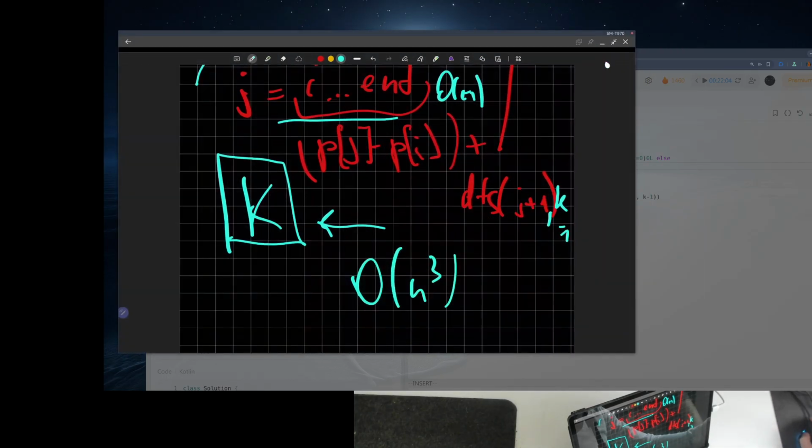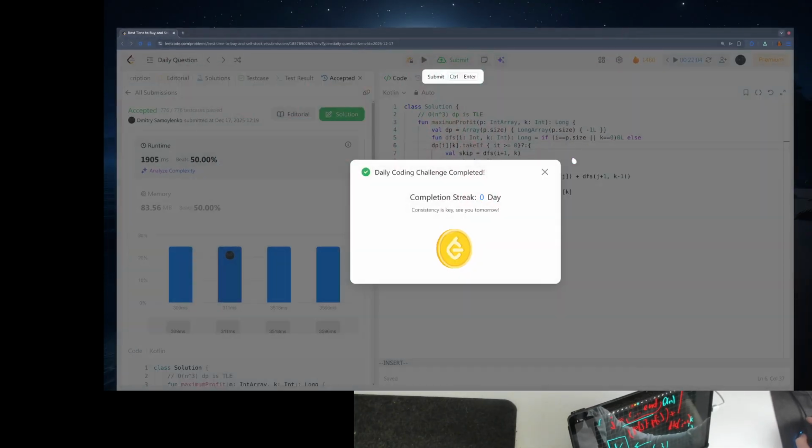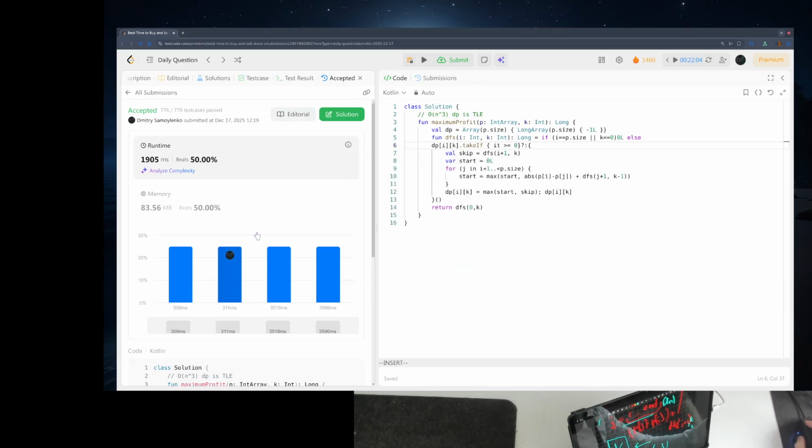Let's look at my solution. It was accepted, but it's not optimal. It is almost 2 seconds, where the optimal is 300 milliseconds. And if you look at how I coded it, I use some hack to make it faster, like using an array instead of a hash map.